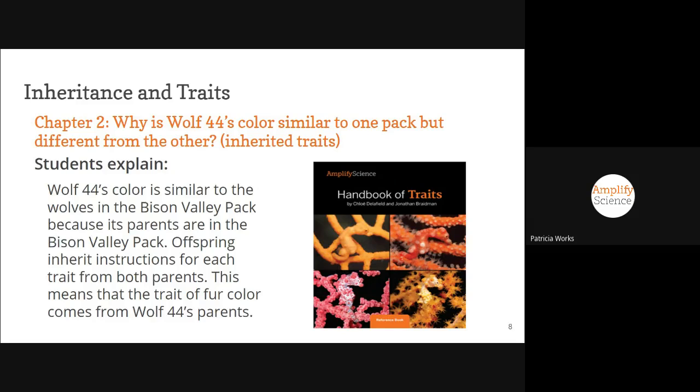At the end of Chapter 2, students are able to explain that Wolf 44's color is similar to the wolves in the Bison Valley pack because its parents are in the Bison Valley pack. Offspring inherit instructions for each trait from both parents. This means that the trait of fur color comes from Wolf 44's parents.